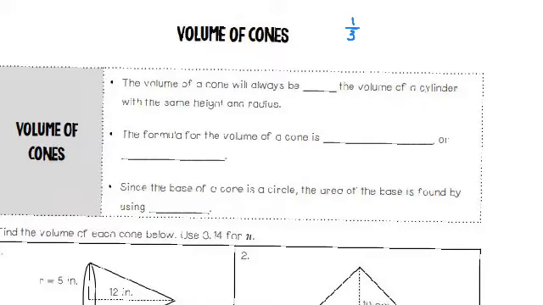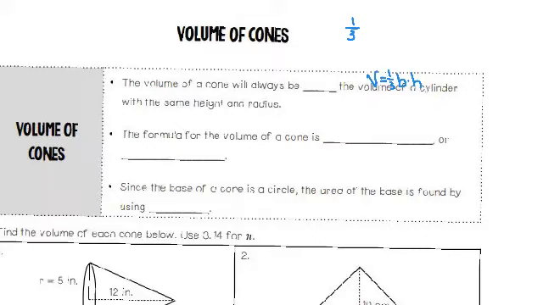Next, the formula for the volume of a cone is volume V is equal to 1/3 of the base times the height. And guess what the base is? The base is pi r squared.